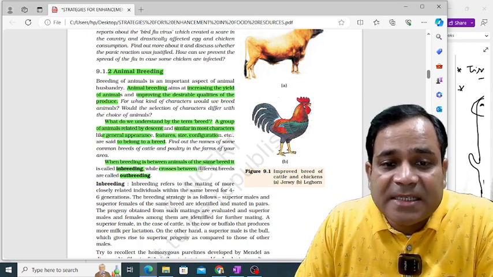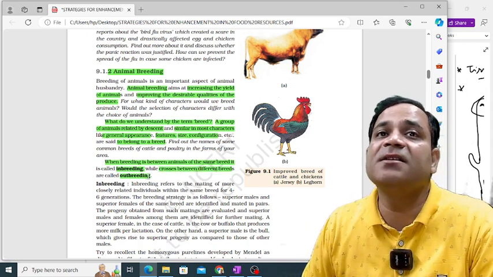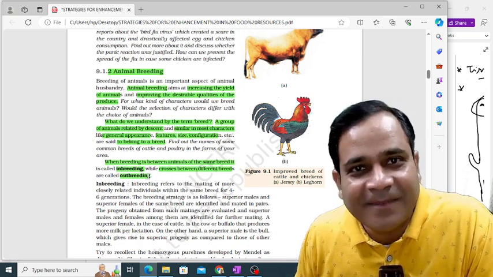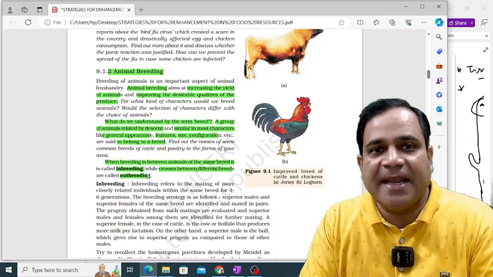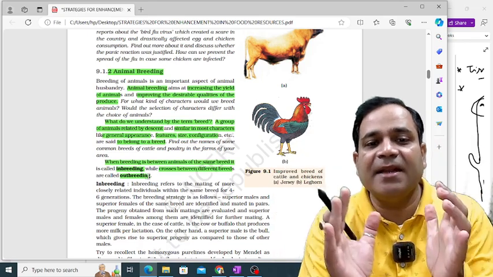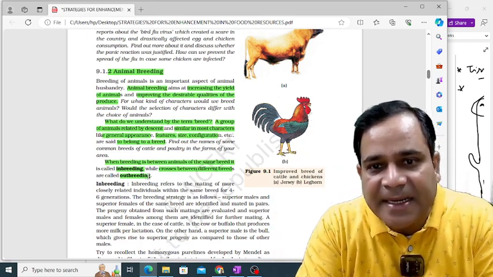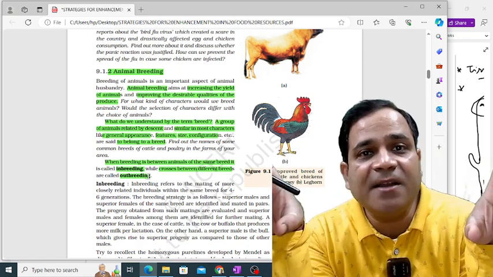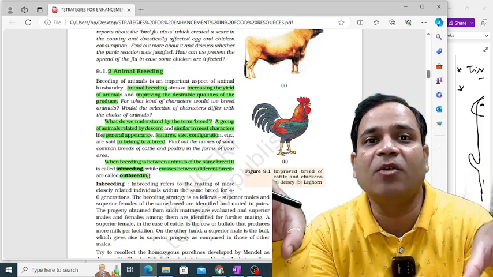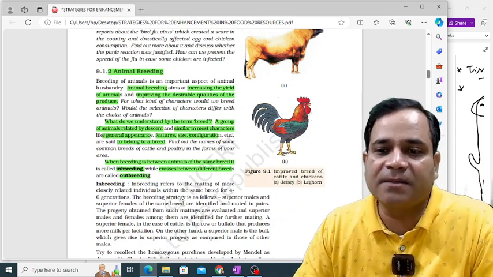While crosses between different breeds are called outbreeding. Getting? When breeding is between animals of the same breed, it is known as inbreeding. If we cross between different breeds, it is known as outbreeding.